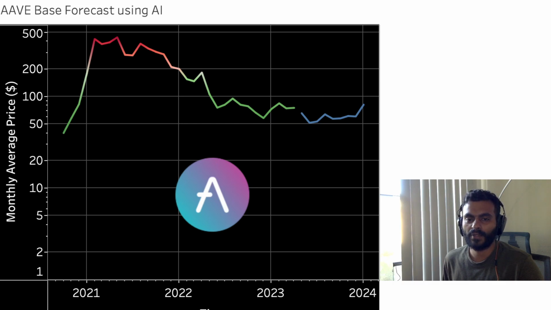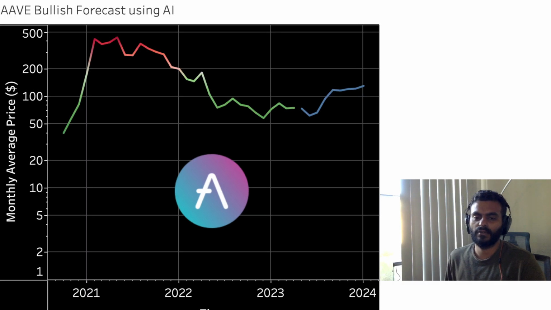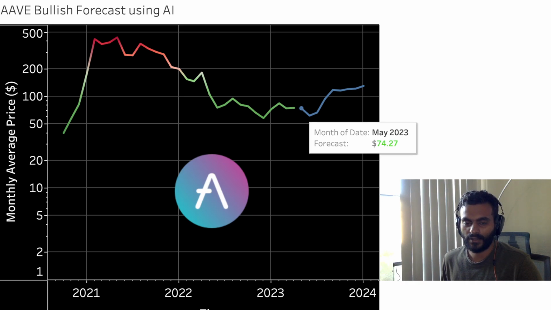But what could happen if the macroeconomic environment suddenly started favoring risk assets? So in that scenario, the base forecast would not do justice because everything will be at a multiplier of its prior z-score and prior standard deviation based on the similar phase in the past cycle.